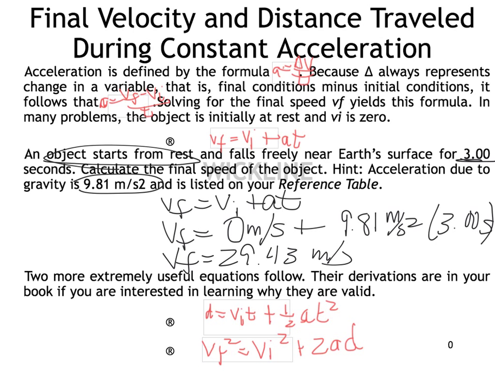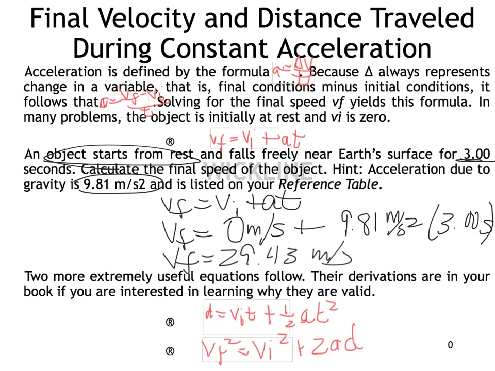All right, so here are a couple more equations. I'm not going to use them right now on this slide, but they're both on your reference table. You'll find them nearby this equation. The first one that I'll introduce is d equals VIT plus 1/2 AT squared. So it's saying that the displacement that occurs during the travel is going to be equal to the initial speed multiplied by the time of travel, and you would add to that half of the product between the acceleration and the time squared.